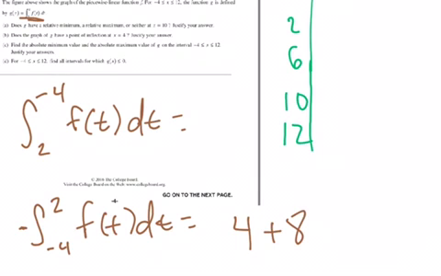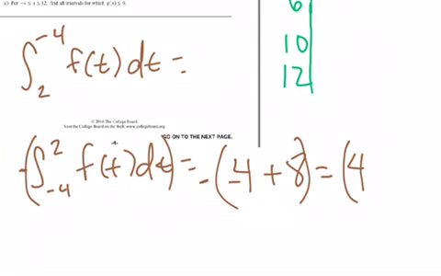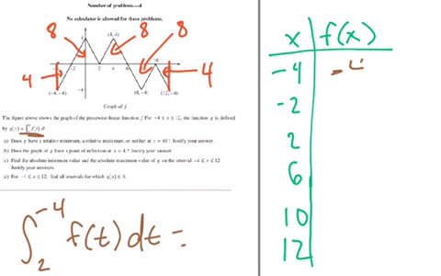Keep in mind though that because 4 is under the graph, it's negative. So this gives me 4, but keep in mind that all of this is being negated. So all of this is equal to -4. So this tells me the first part is -4.